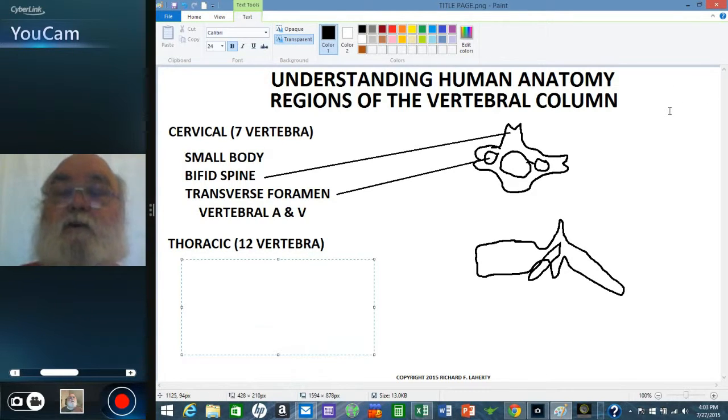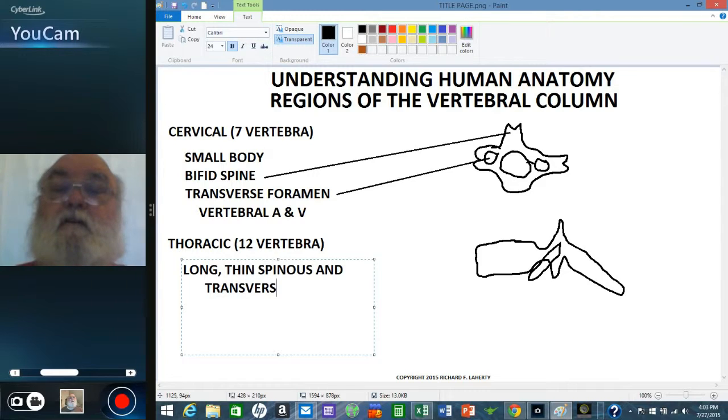The thoracic vertebra have long, thin spinous and transverse processes.